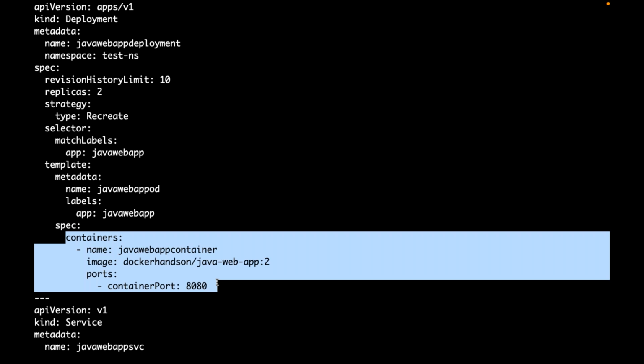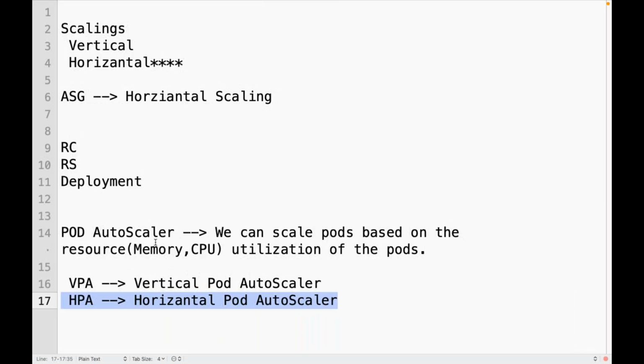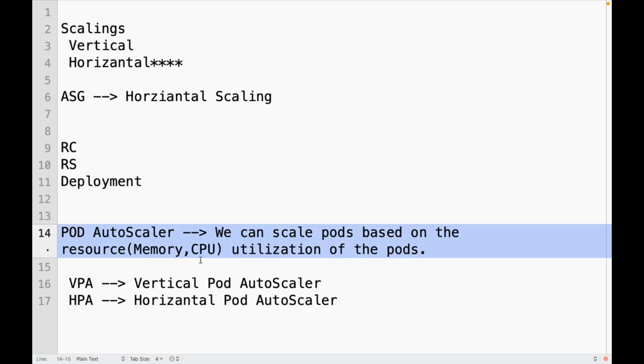We have resource requests and we have resource limits. So based on the resource limits which I have set for my pods, can I scale my pods automatically? If I set the limit for my pods, saying that it can take 1 GB RAM, 1 core CPU, and it is already reaching 80% or 90% of the load, can I scale my pods automatically with an autoscaler, based on the current resource utilization in that container?